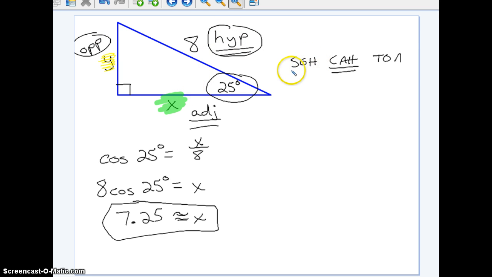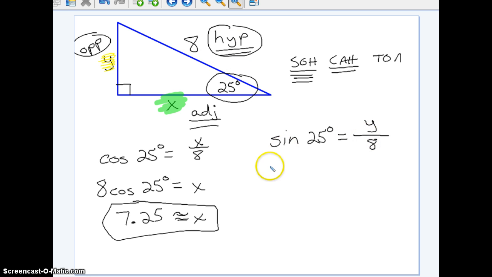So that would be sine for this one. So the sine of 25 degrees will be equal to the opposite value y over the hypotenuse value, which is 8.